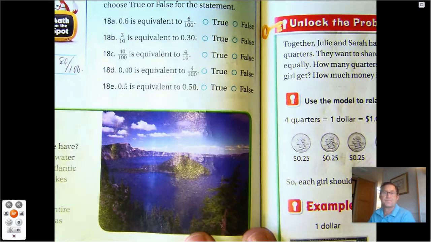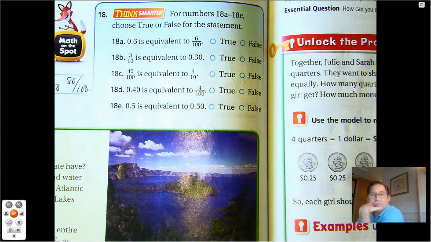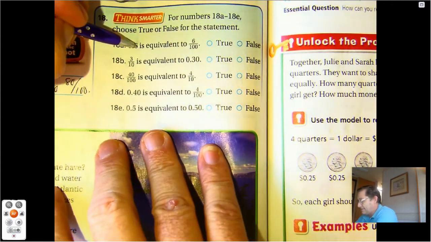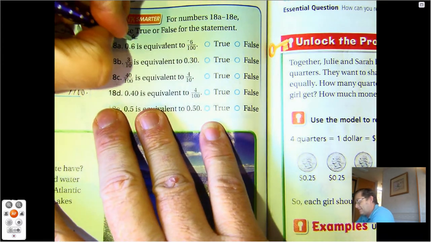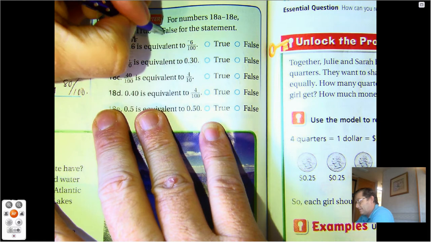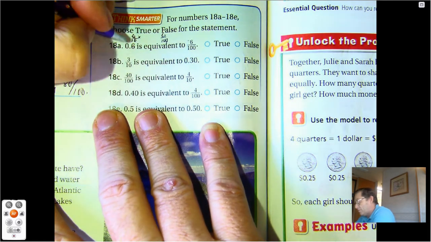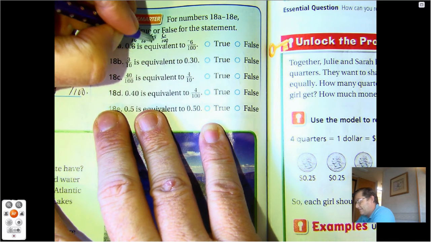18. For numbers 18a through 18e, choose true or false. 6/10 is equal to 6 hundredths. Well, to turn 6/10 into hundredths, I'd multiply by 10. 10 times 6 is 60.